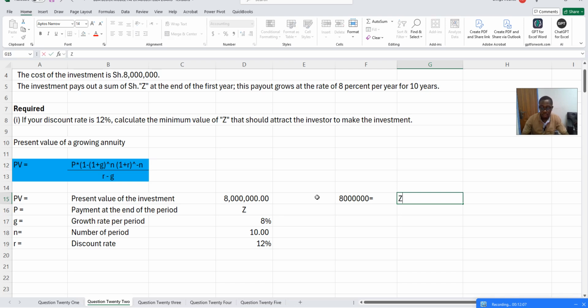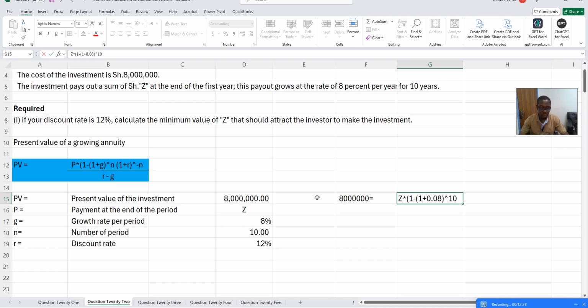We multiply, of course, by bracket 1 minus bracket 1 plus G, growth rate is 0.08, raised to power N, which is 10.